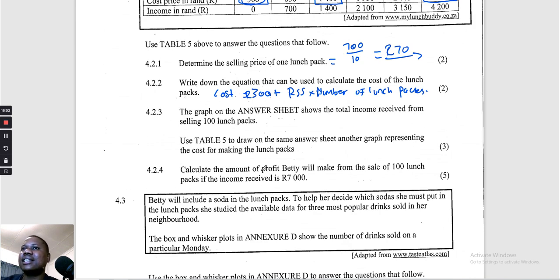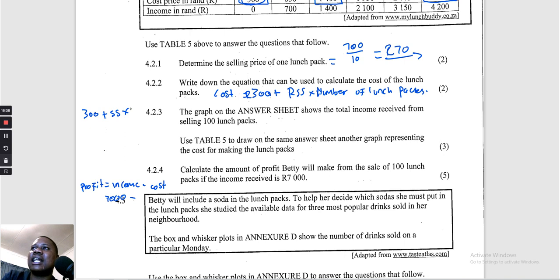We have done that. Then now they say, calculate the amount of profit Betty will make from the sale of 100 lunch packs if the income received is this. Remember, profit is equal to income minus the cost. We have the income, which is 7,000. Then how much is our cost? We need to calculate. The formula says 300 plus 55 multiplied by the number of packs.